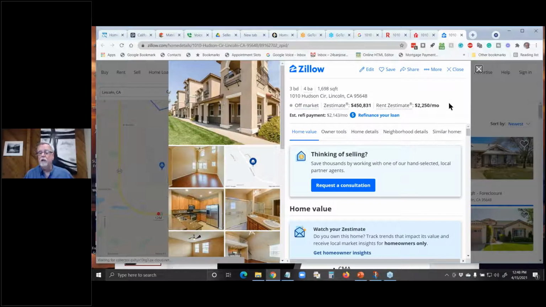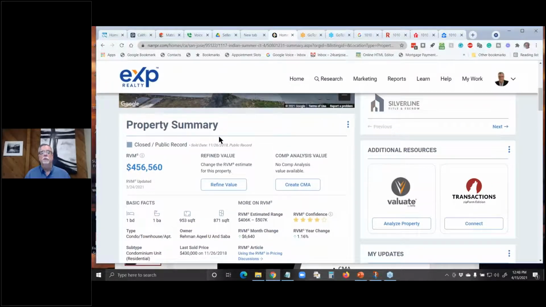Now I'm actually going to put those numbers in my CMA, in the cover sheet, and I also throw in what RPR says. I might as well do this one, but then I may do another one.